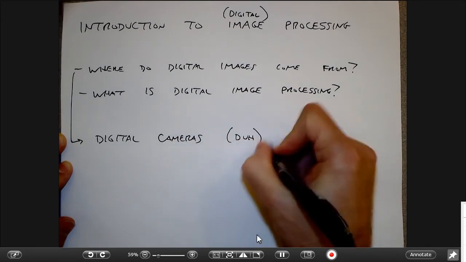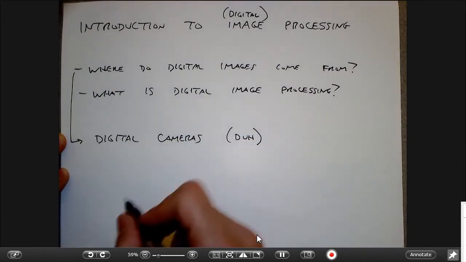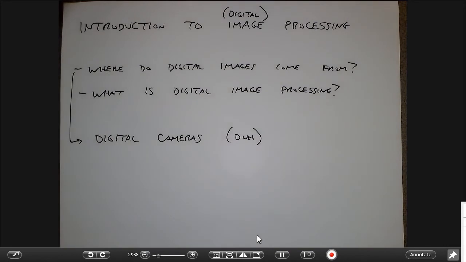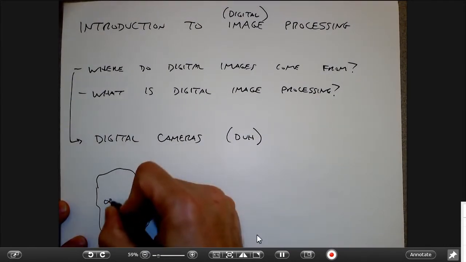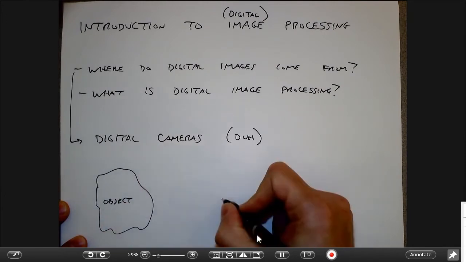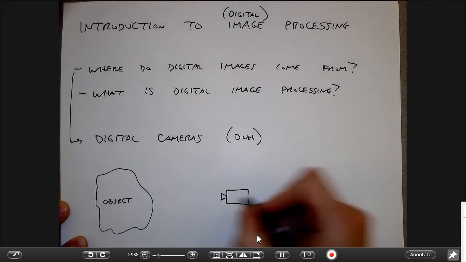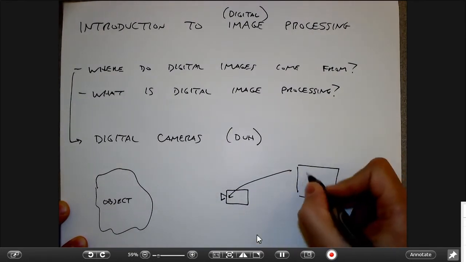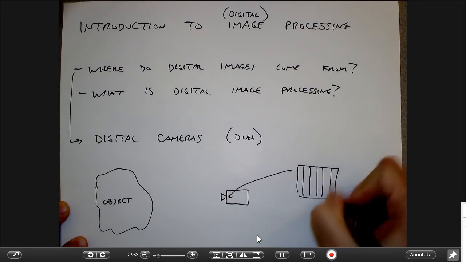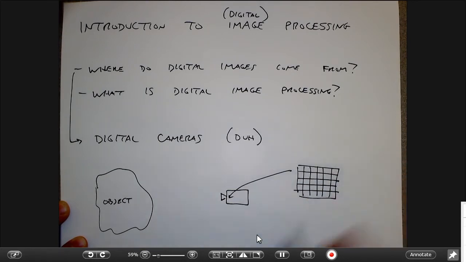Duh. And so the way that process works, and we're going to talk about this a little bit more next week, the image formation process, is that you've got some object in the world, and then you have a digital camera that looks at it, and inside the digital camera is some sort of array of pixels, usually a CCD array of pixels.